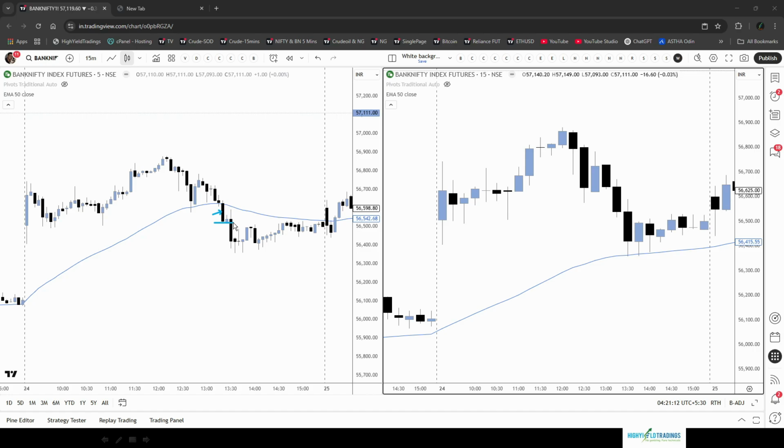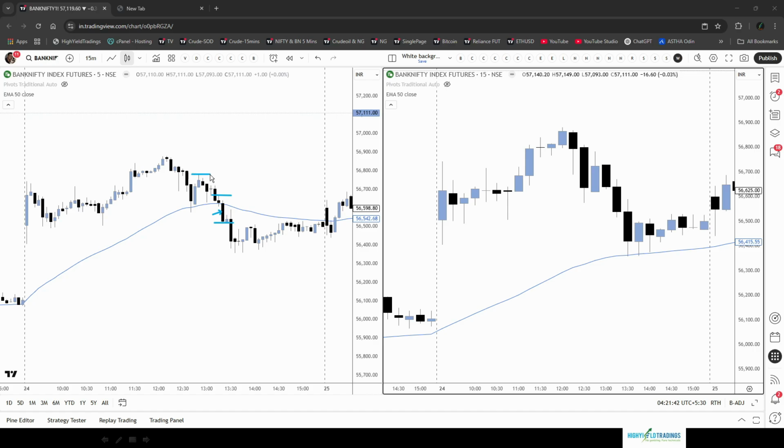We aim for around 150 to 200 points. Since it is Bank Nifty, you will easily get 100 to 150 or 200 points. Normally, on a personal front, I target either 100 points or 150 to 200 points. Now here, as I said, this will be your entry. Your stop loss will be the candle's high, which is just above the 50 EMA, or the recent swing high.